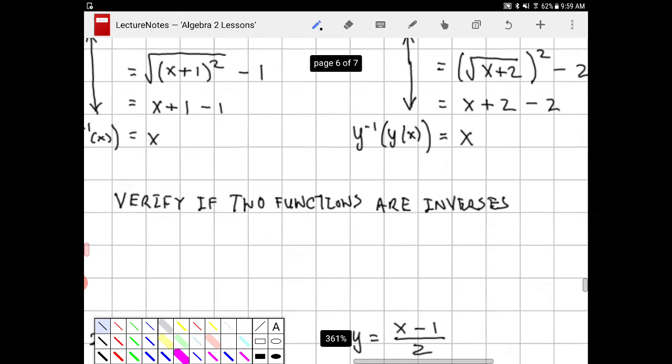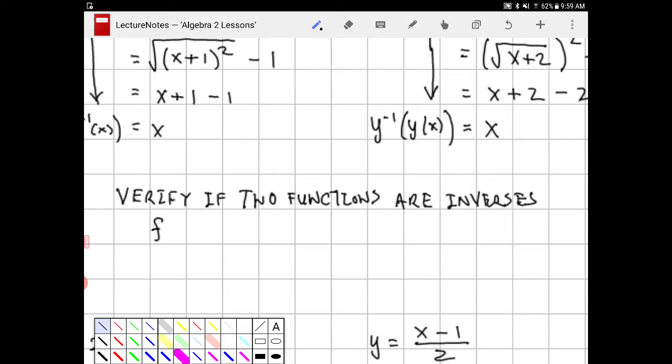This is the identity. The identity goes like this. F of f inverse of x will equal x, but this is also equal to f inverse of f of x. Both of these must be true, okay, in both directions. But if you just solve either side, okay, that would be enough to suggest whether or not the functions are inverses.